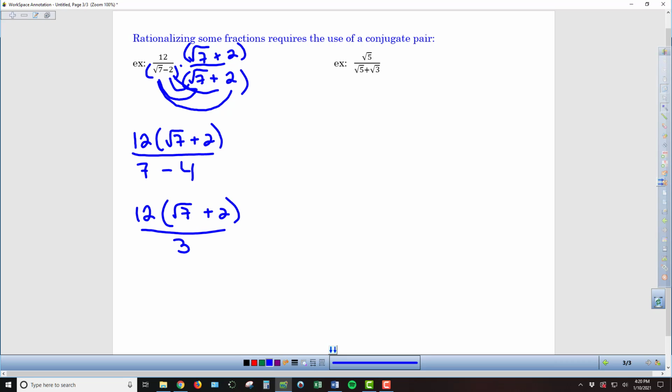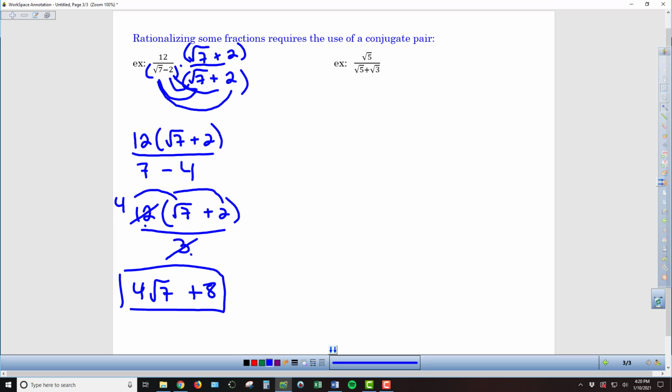This is why I didn't distribute earlier, because now I've got this 12 and this 3 that I can simplify. The 3 goes, the 12 becomes a 4, and so we have 4 times the square root of 7 plus 2. And so now I'm going to go ahead and distribute it to make 4 root 7 plus 8. So here's an example of how we can rationalize the denominator when it's got some addition or subtraction involved.